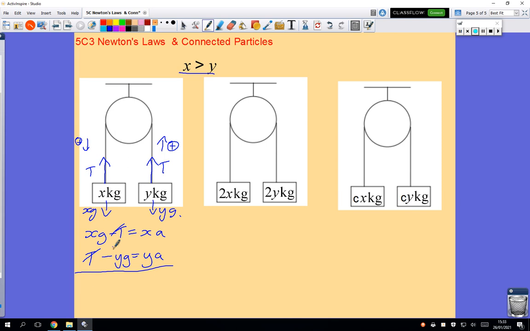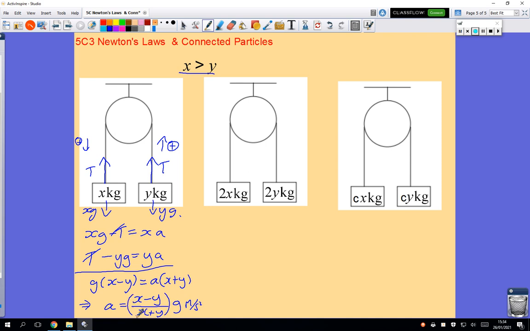I'm going to factor out the g also, so what I'm going to get is g times x minus y is equal to a times x plus y, factoring out an a on the right hand side. So solving there, you can see that the acceleration for a system of this particular type will always equal x minus y over x plus y times g. And that'll be meters per second squared.